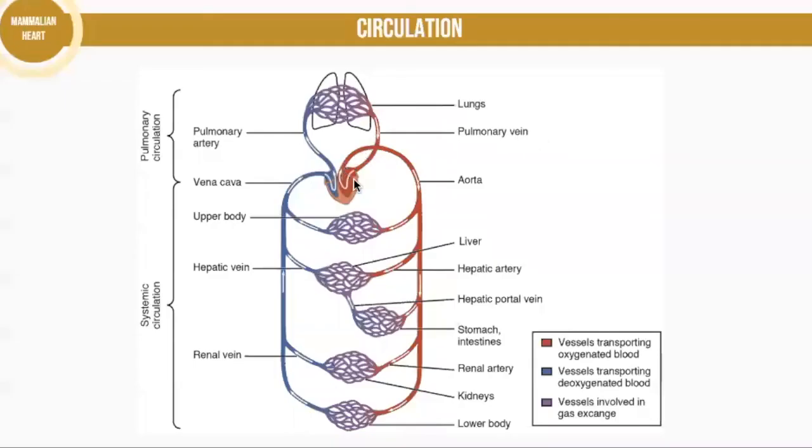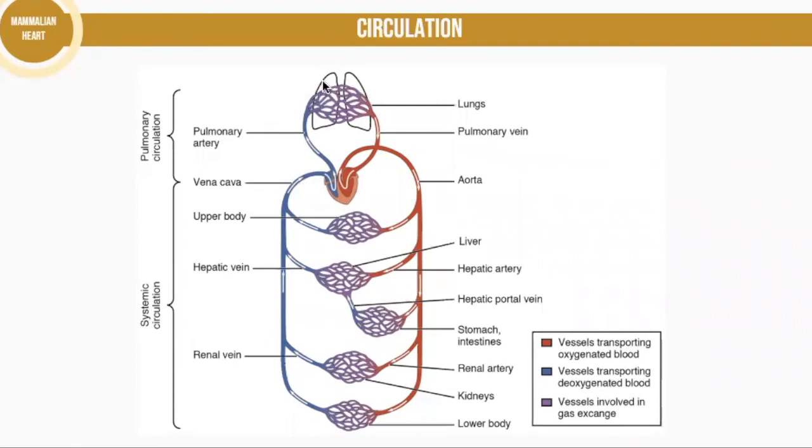The mammalian heart is, of course, a double circuit. In the previous slide, we saw how blood flows in the mammalian heart. The deoxygenated blood enters the right atrium, right ventricle, then the pulmonary circuit via the pulmonary artery.